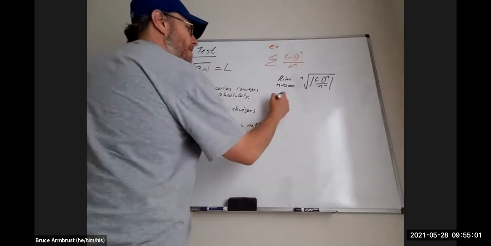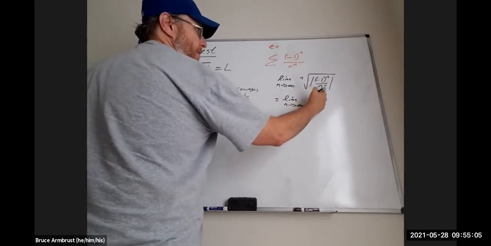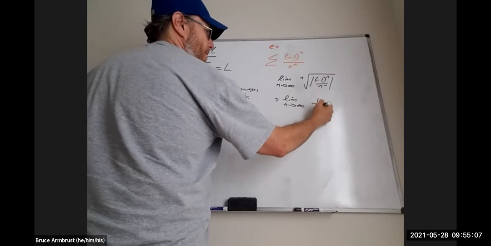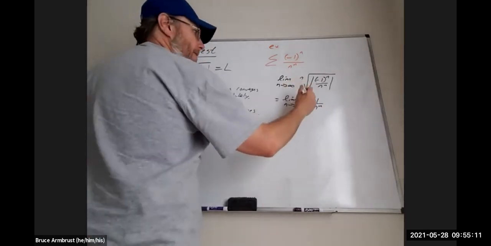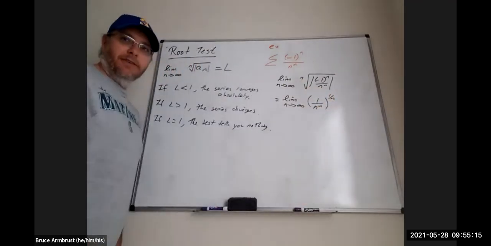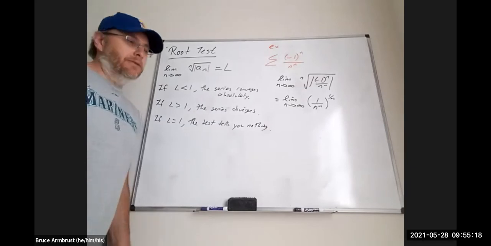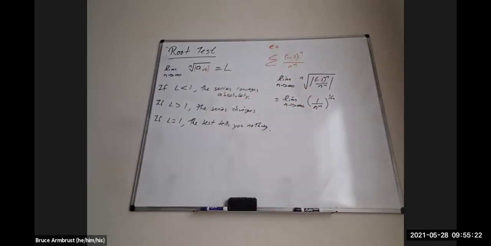All right, well, let's simplify this algebraically. So in the radicals, that's just going to be 1 over n to the n, because the absolute values cancel that minus. And the nth root, I want to remind you that another way of looking at radicals is to think of them as exponential powers. So the nth root is the same as the power 1 over n.